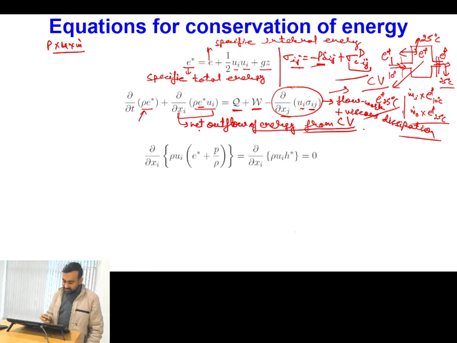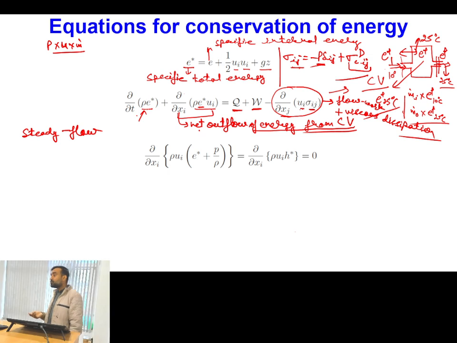Now, if I make the assumption of steady flow, what will happen? First assumption is steady flow. This first term will become 0, because what is it representing? The time rate of change of energy within the control volume.